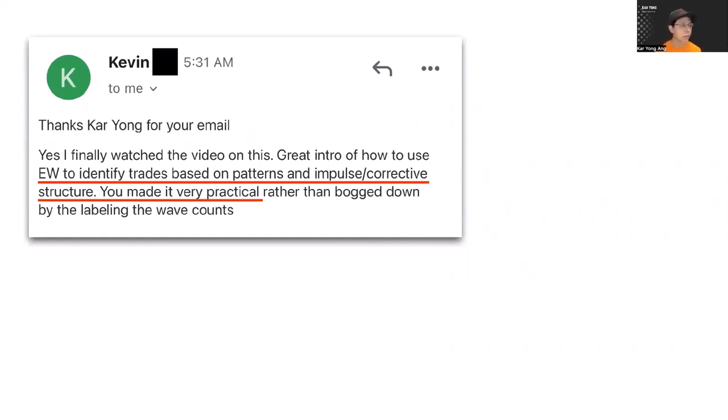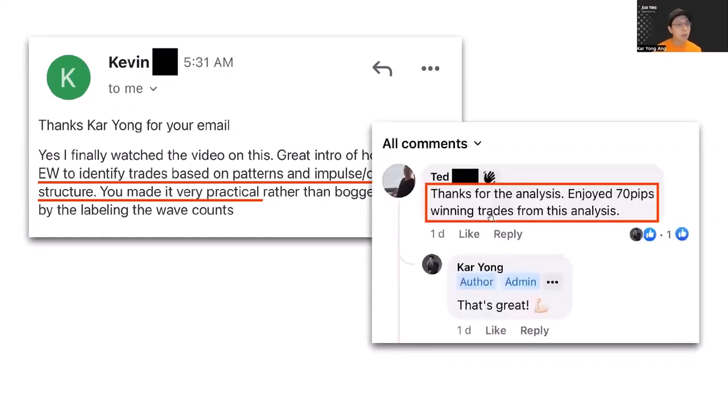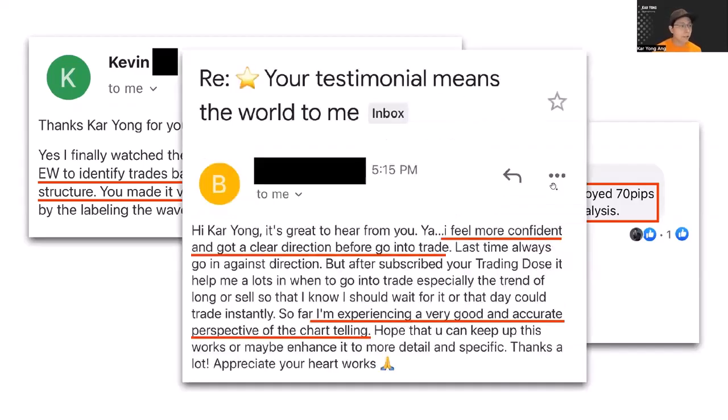Very quickly you can see he wrote in, it's a great intro of how to use Elliott Wave to identify trades based on pattern and impulse and correction structure, which is practically what we're going to talk about today. Over here, Ted, enjoying some profits based on the analysis on Elliott Wave, and this is another one, that he felt more confident and got a clearer direction before going into the trade.